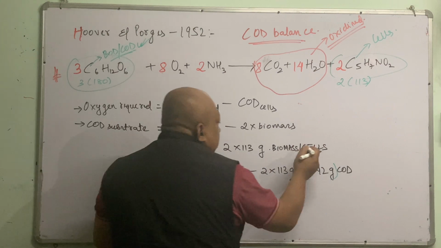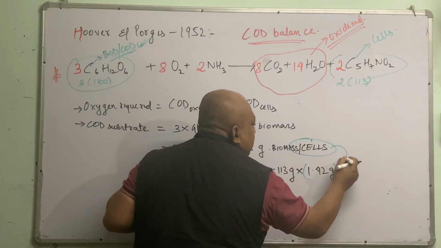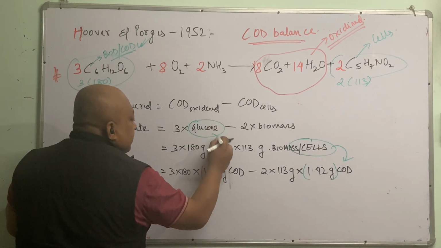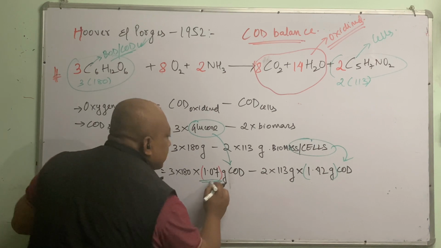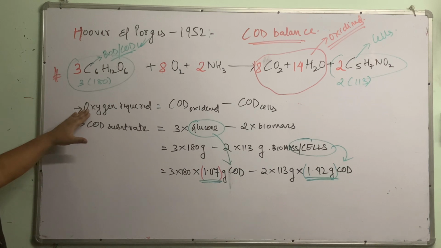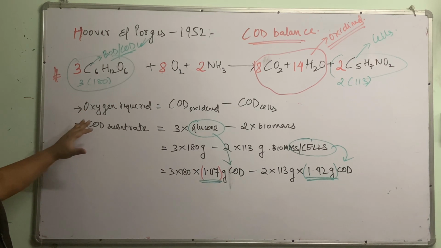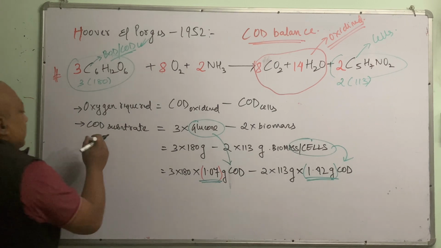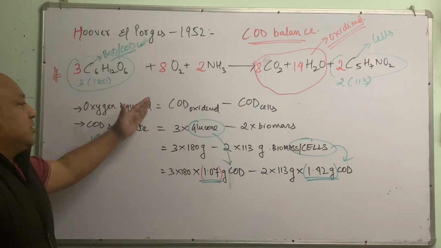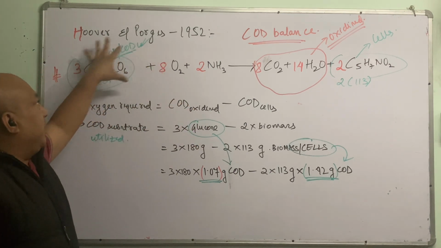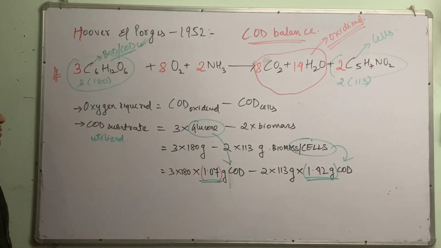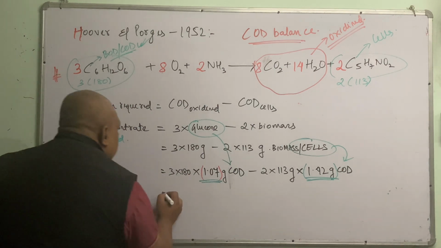Look here, the cells we are converting into COD, and this glucose we are converting in terms of COD, and these are the factors, correct? So how much oxygen is required is nothing but the total COD of substrate utilized, using oxidation of the complete food minus the biomass.